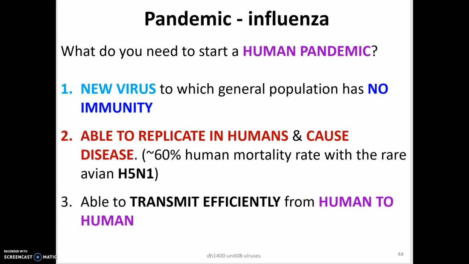You've heard this word used in the news a lot recently. What is a pandemic? Well, a pandemic has 3 different principles. One, it's a new virus to which the general population has no immunity.